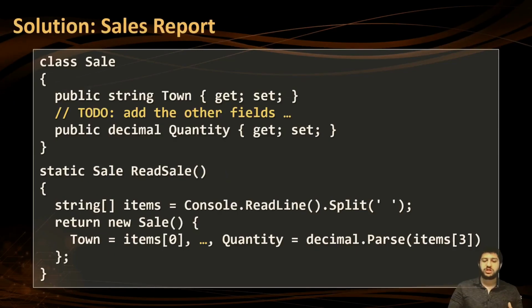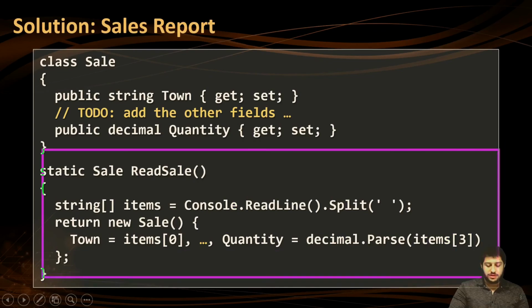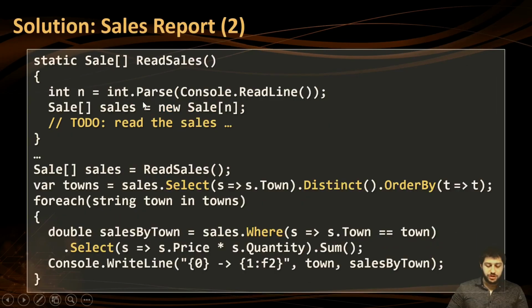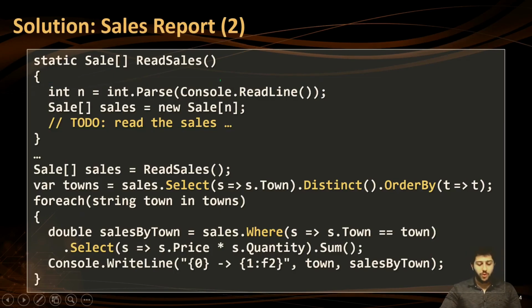And this is pretty much the same solution as they did here. So they did a read sale static method, which reads a single sale, and they populated the object. They have also the read sales method, which reads all the sales, and it uses the read sale method.